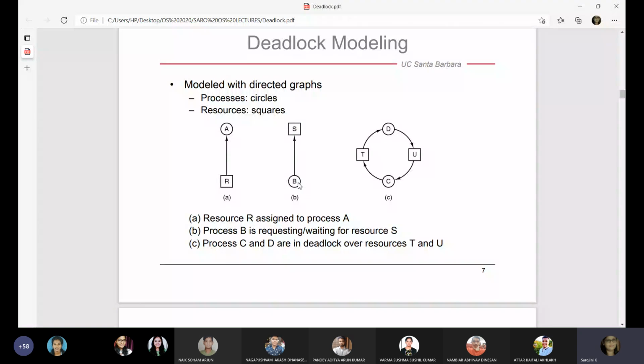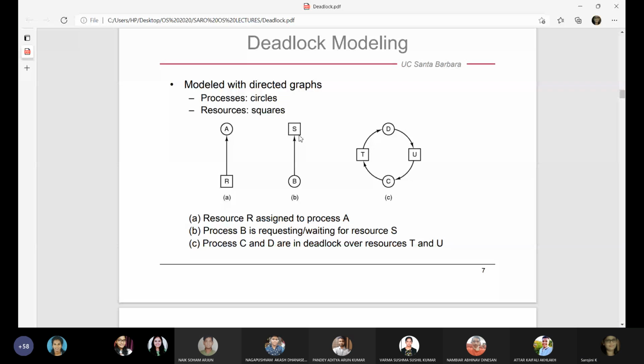Because the direction of the arrow is going away from the process. So process A is currently possessing resource R, and process B is currently requesting resource Y.